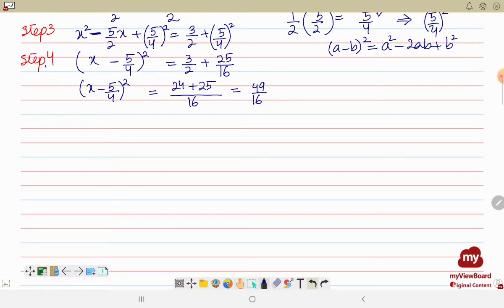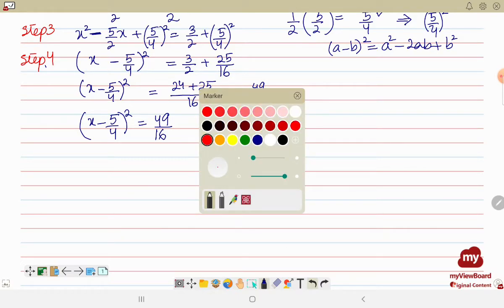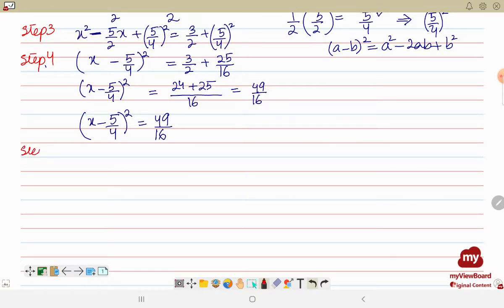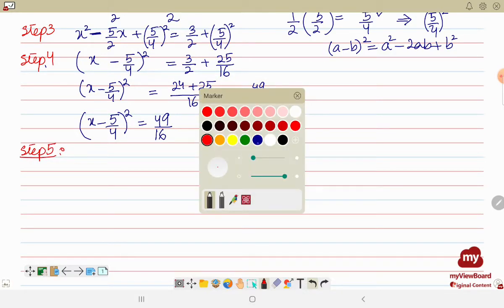Let's move it further. In the next step, x minus 5 by 4 whole square is equal to 49 by 16. Now in order to remove the square, we are going to take the square root on both sides. So our step 5 will be taking square root on both sides.